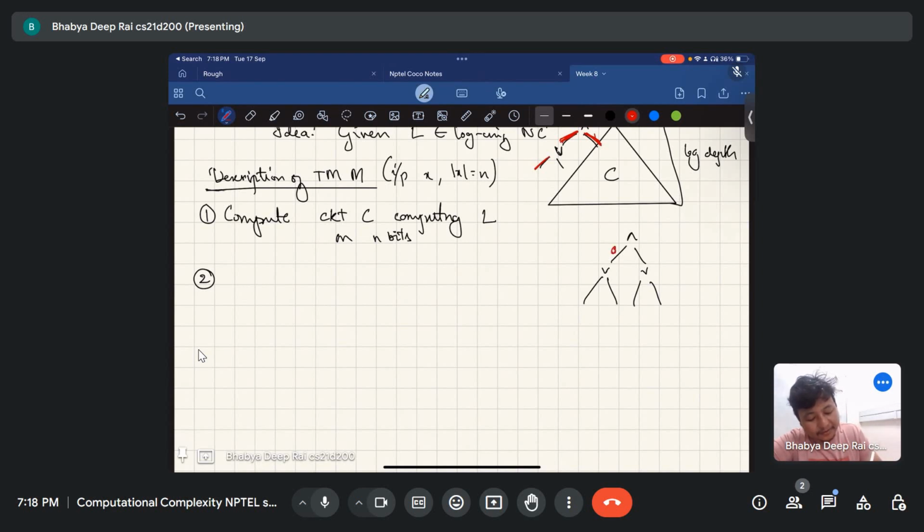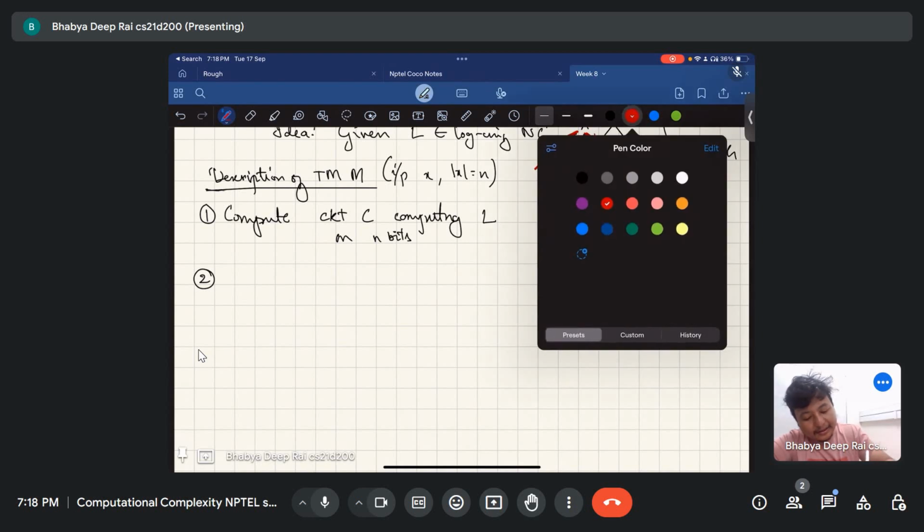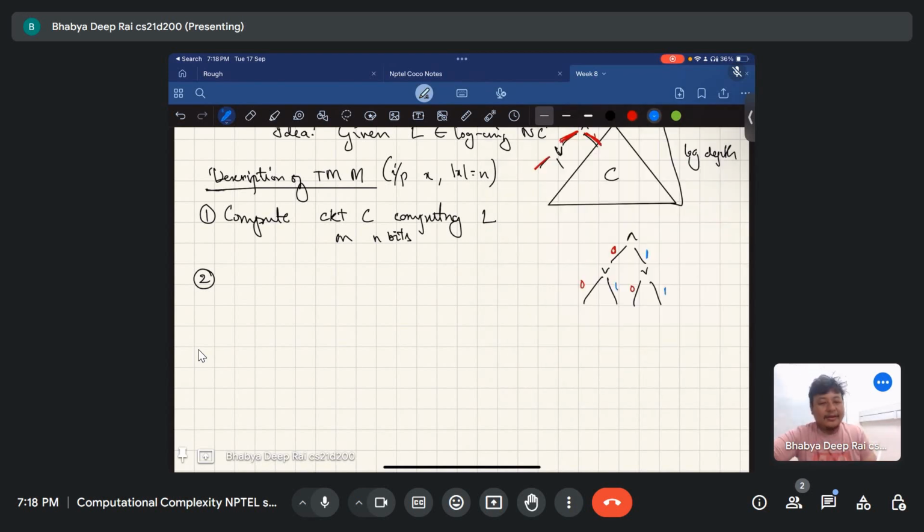For example, for every left you label it with a 0, for every right you label it with a 1, and you go across every possible string of this sort.